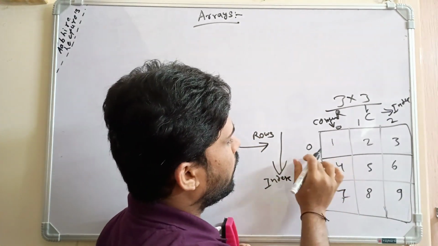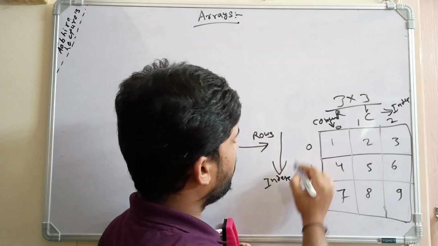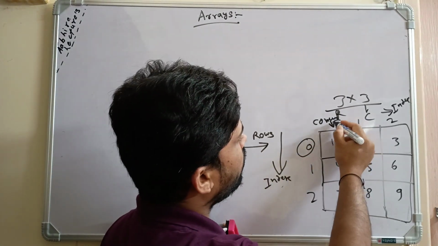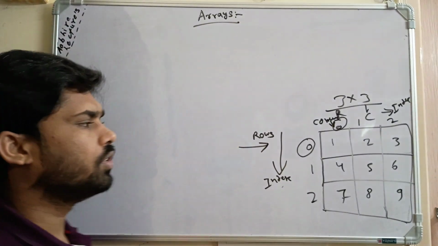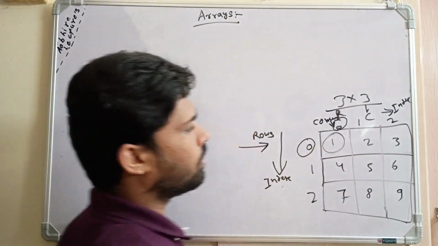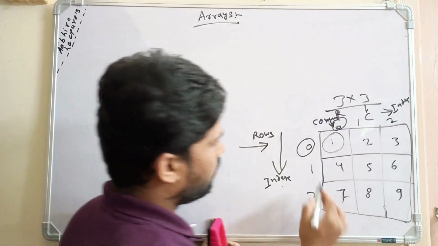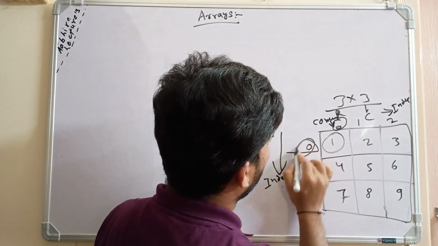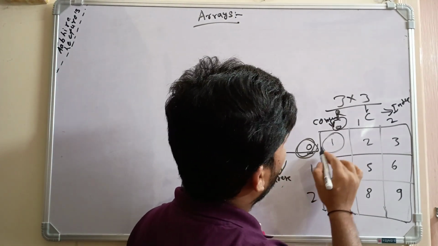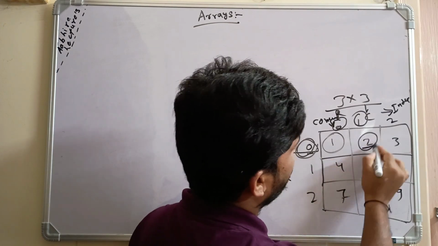If I want to know what is the value at row index 0 and column index 0, what is the value here? 1, so we can easily identify, right? See, this is index 0 of row, and column index 1, what is the value? 2.